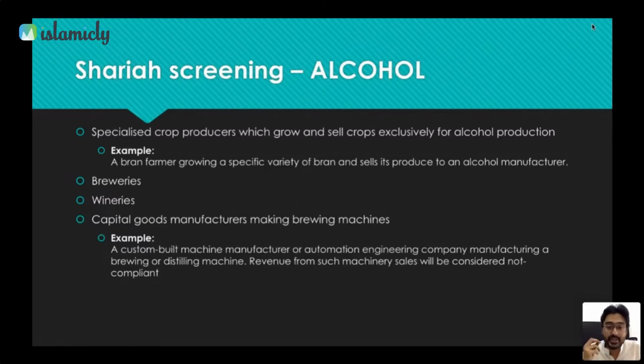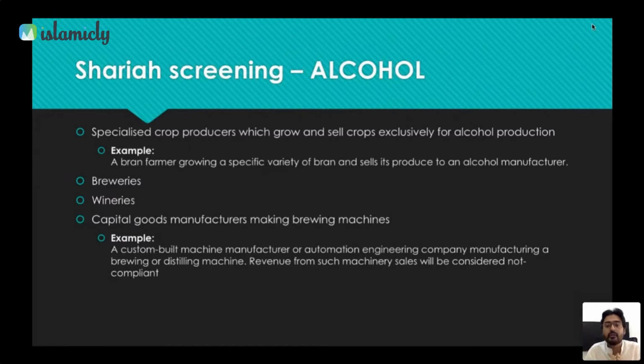But if you specifically grow grapes or any other fruit or rice or any other ingredient which is specifically designed to be used by alcohol producers, then that revenue also becomes non-compliant. All right.